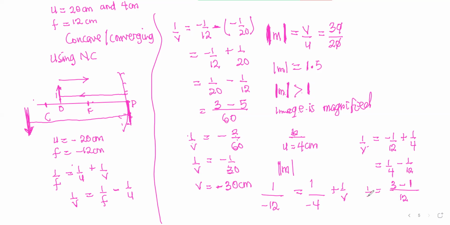So this time we'll have 2 over 12, which is 1 over 6. We have straight away V is equal to 6 centimeters.